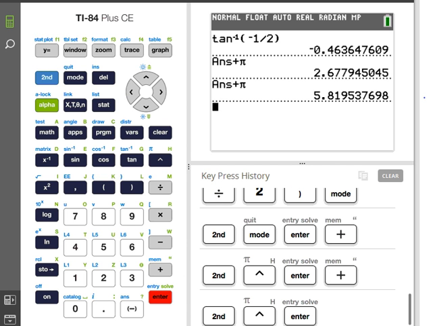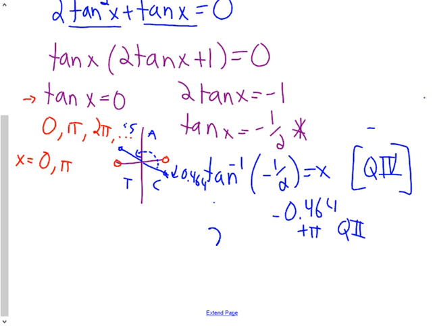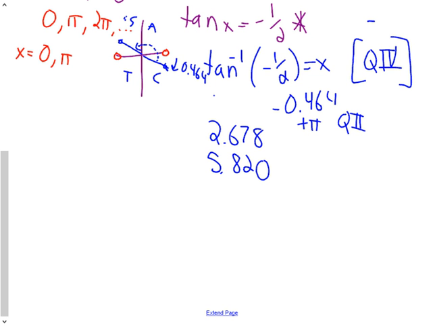So 2.678 and 5.820. And now put all 4 answers together, so I'm not looking for your answers in weird spots. We got 0, 2.678, pi, 5.820.